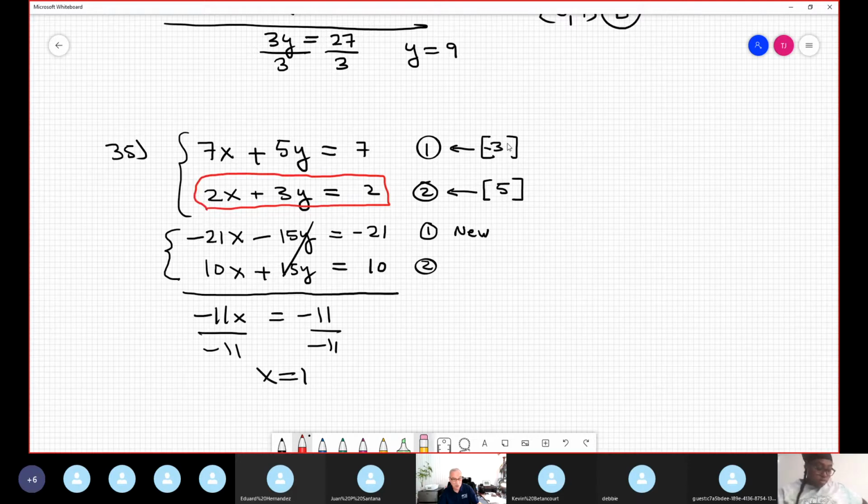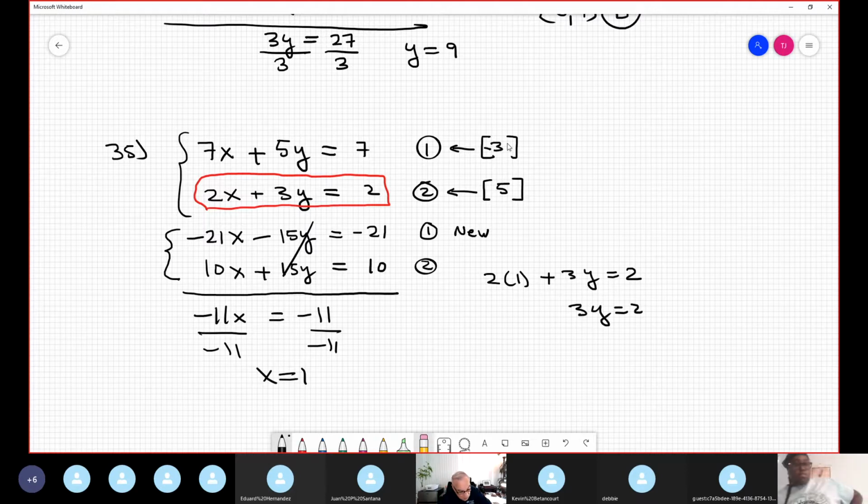You select the equation that you consider easier. So x is 1. Replace: 2 times 1 is 2, plus 3y equal 2. So 3y is equal to, let's see, something is wrong. Something I did wrong, no?